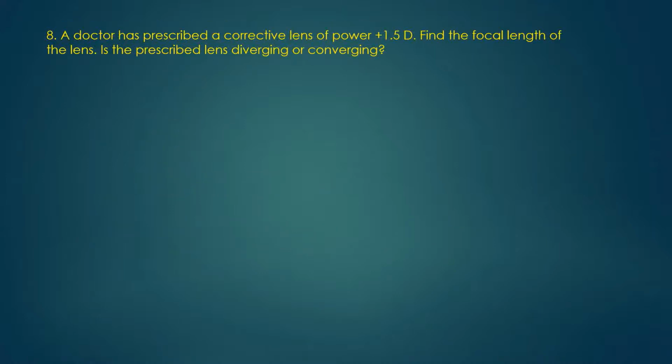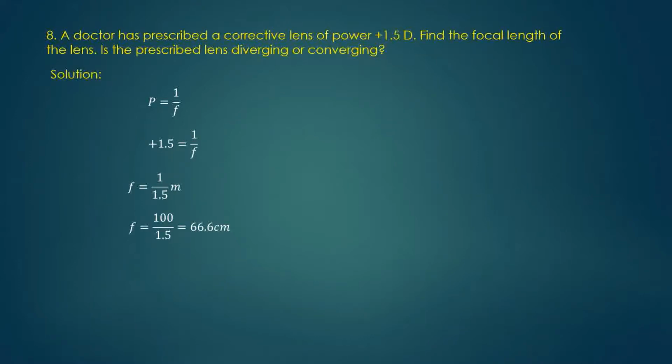Next question. A doctor has prescribed a corrective lens of power plus 1.5 diopter. Find the focal length of the lens. Is the prescribed lens diverging or converging? So power is equal to 1 by f, P equal to plus 1.5. So f is 1 upon 1.5.